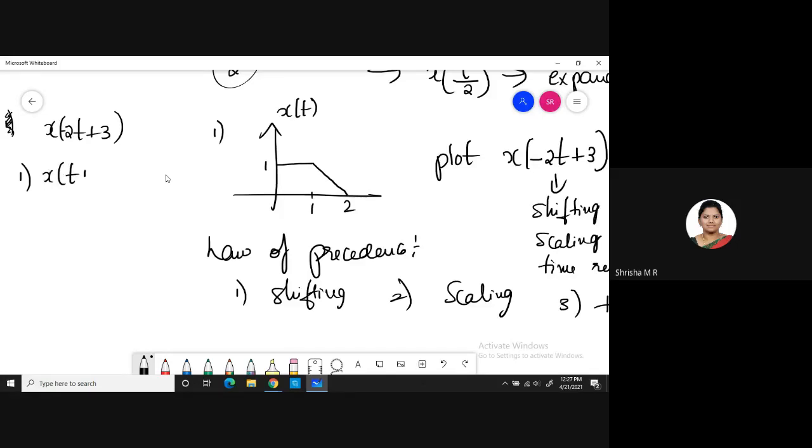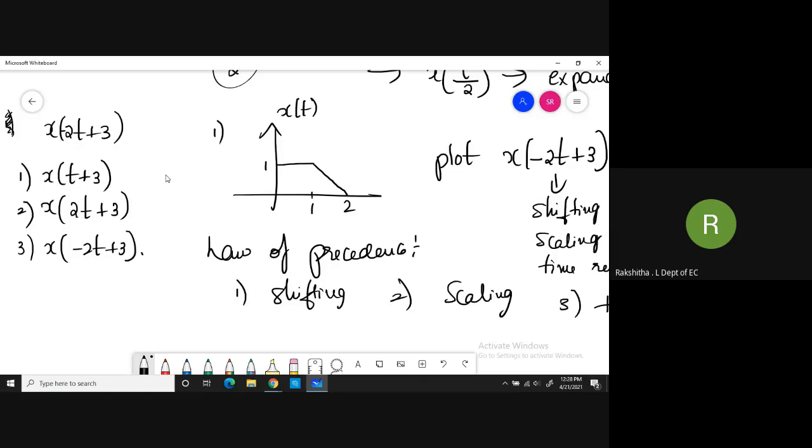X of t plus 3. Second, you do scaling. It is x of 2t plus 3. Then you do time reversal. X of minus 2t plus 3. Clear? Shall we proceed? Followed or not? Yes, ma'am.